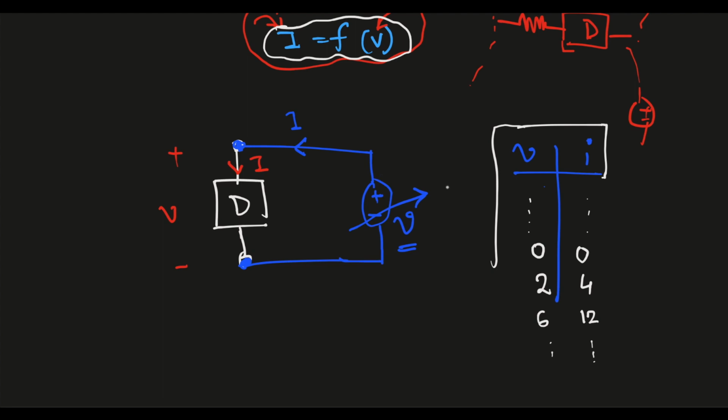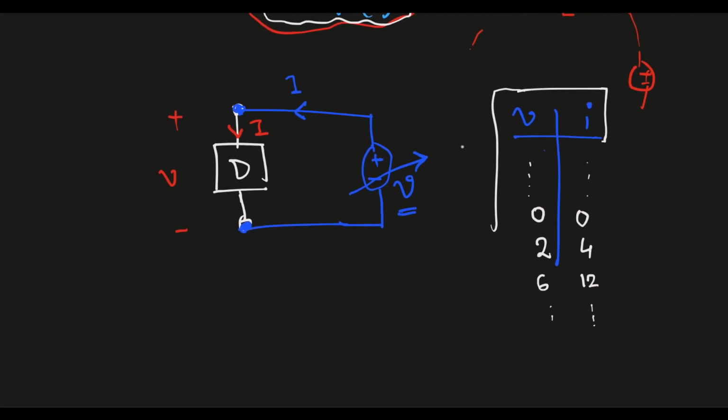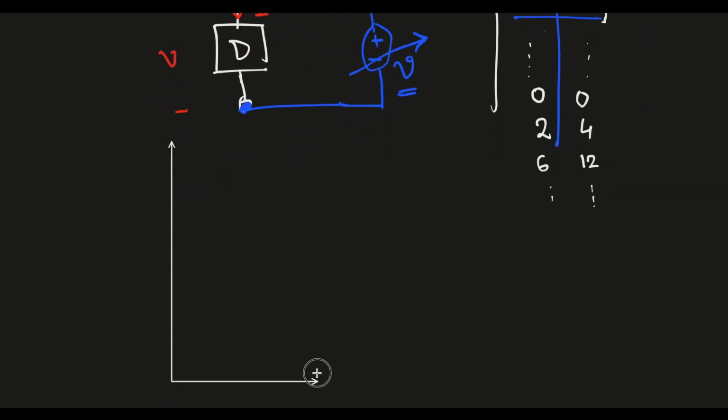And a third way to represent the IV relation is using a graph. So what we can do is we set up our axis, and in the x-axis we plot the voltage, and in the y-axis we plot the current.